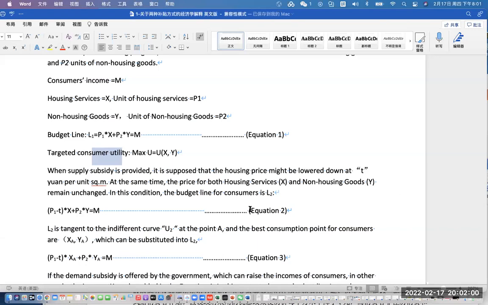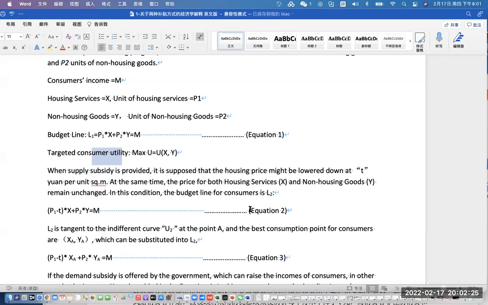So when the supply subsidy is provided, it is supposed that the housing price is lowered by T yuan per unit square meter. In the meantime, the prices for both housing services X and non-housing goods Y remain unchanged.